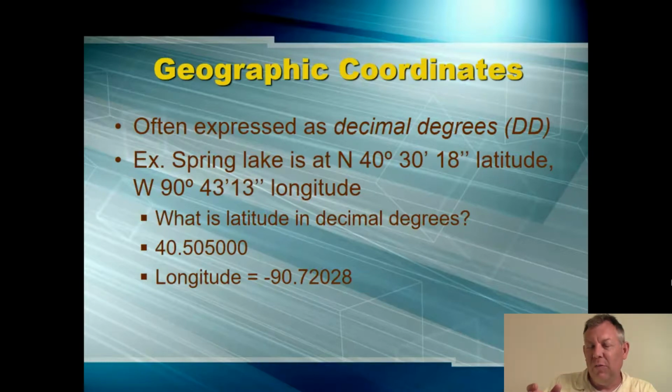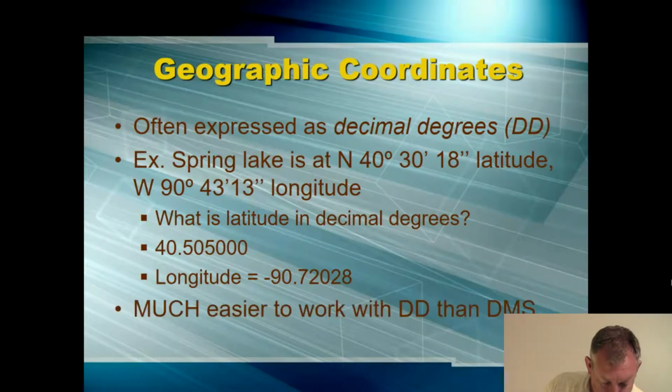So my fraction of a degree is just a little over half a degree. You see what I'm saying? So if I look at the latitude coordinates here, I've got 40 degrees plus a little over half a degree. And if you look at the version in decimal degrees, you see it's 40.505. 40 plus a little over half a degree. You see how that works? And you can kind of do the same thing with the longitude there.